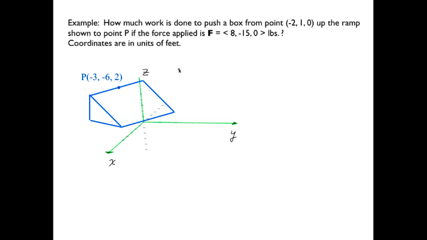So there's Newton meters, that's joules for work, and then there's foot pounds, the English unit for work. So this will be foot pounds because we have all our coordinates in feet and our force in pounds. So how much work to push the box up the ramp to point P, if the force applied is 8, -15, 0? I'll let you think about that.